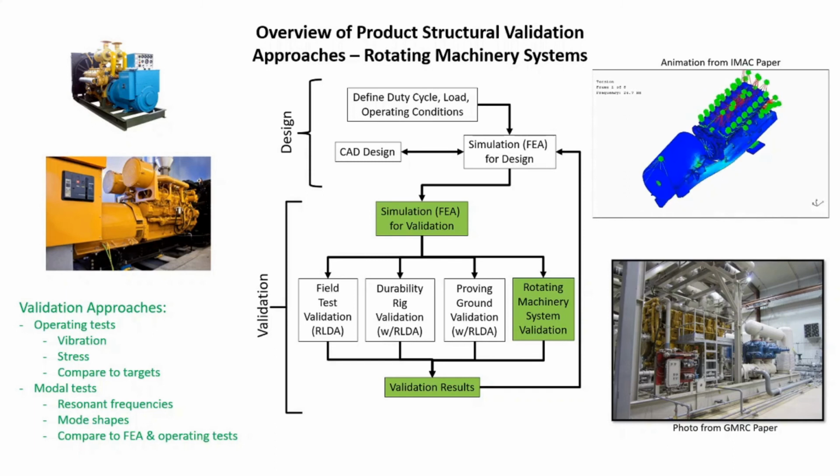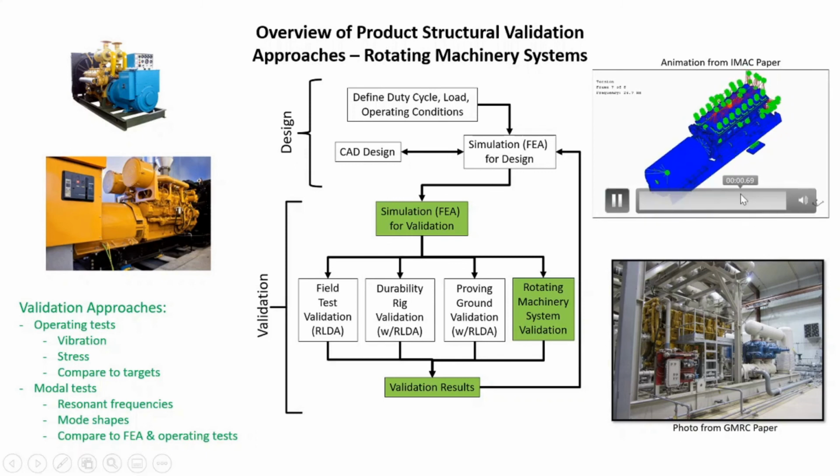Most of our experience in rotating machinery system validation has involved reciprocating equipment, and particularly equipment like diesel generators or reciprocating pumps and so forth. In that situation, we're usually looking at the system, where a perfectly good engine and a perfectly good pump, for example, are brought together in a system. They've all been well qualified, but now the question is, how well does that system work together in terms of vibration, stresses, and strains?